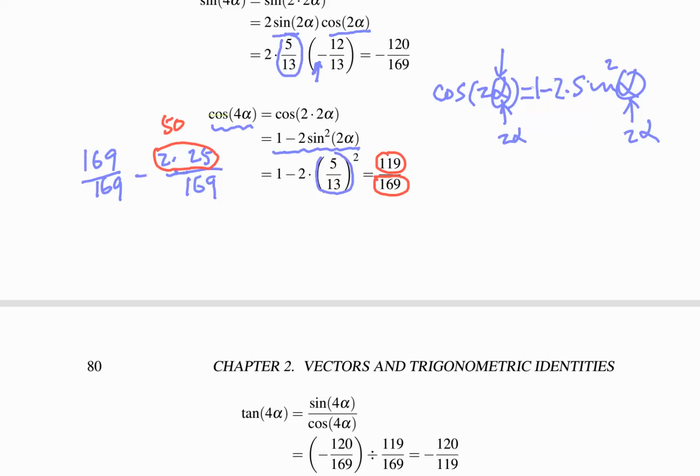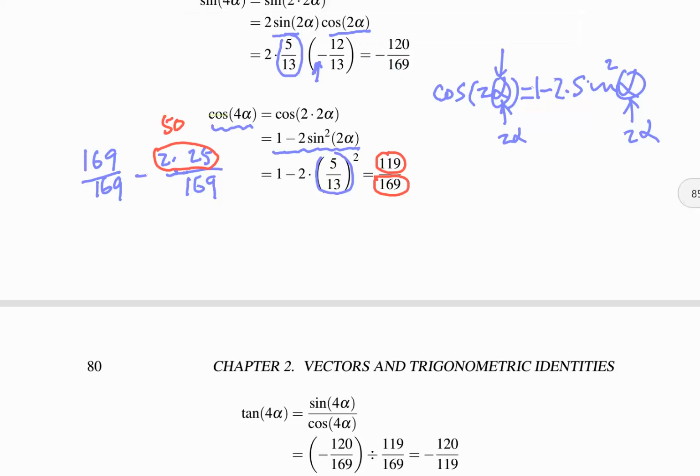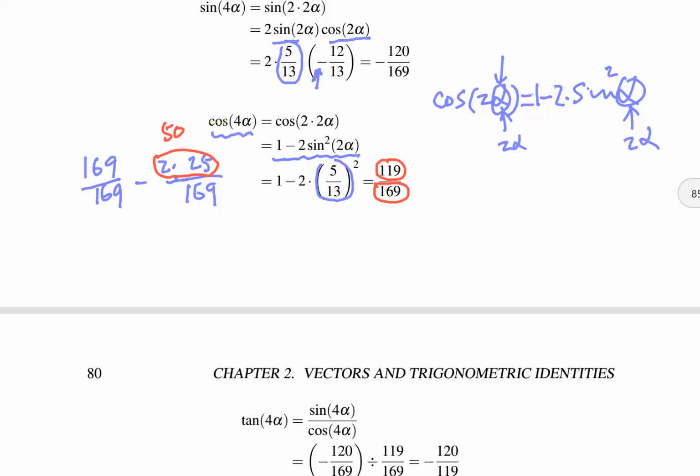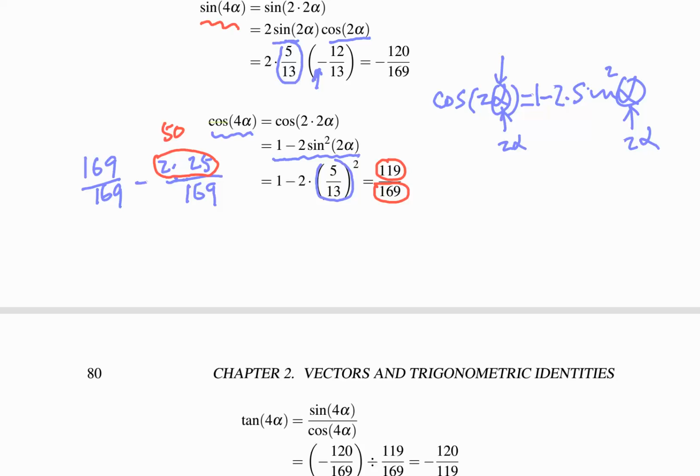And then we have found the value of sine here. You see down here, sine 4 alpha is the value here. So then we put it right here. That's for sine. Cosine, we found it already.